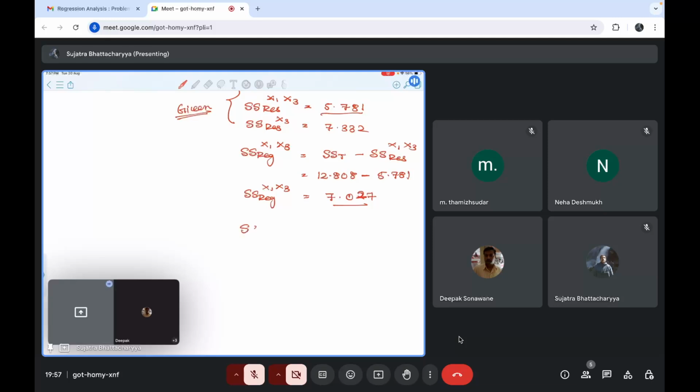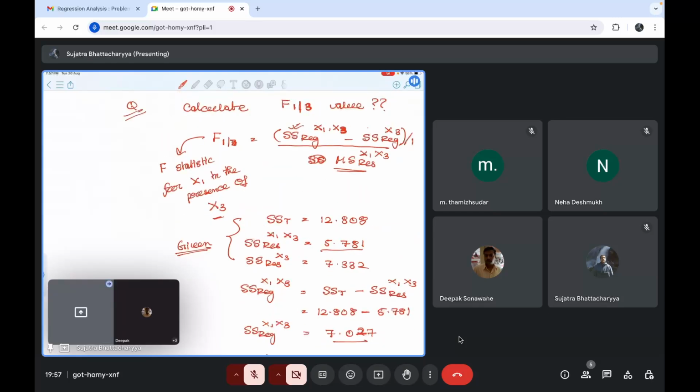Similarly, SS regression for x3 is SS total, which remains constant, minus SS residual of x3, which is 12.808 minus 7.332. That comes out to be 5.476. So we have also calculated SS regression of x3. These two are done.